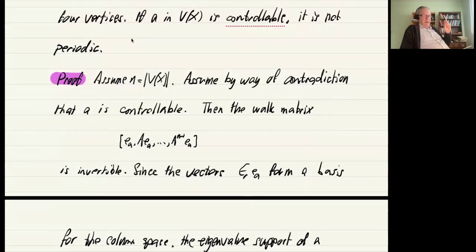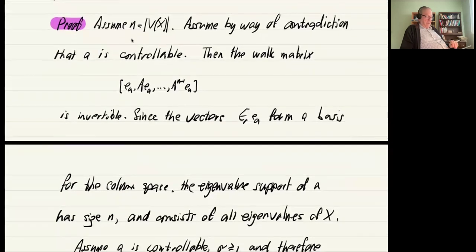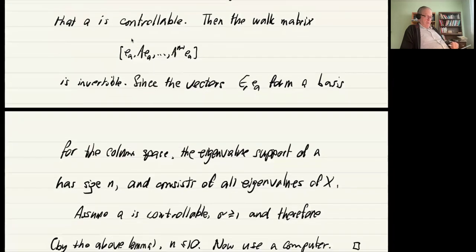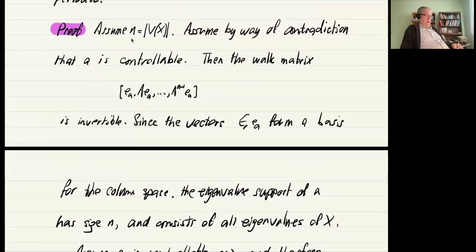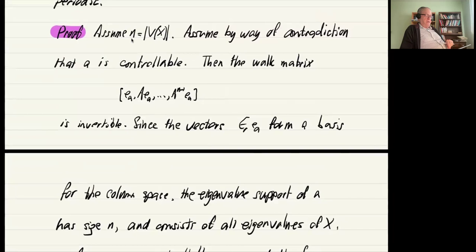So we're going to have n distinct eigenvalues, theta 1 through theta r, and for each eigenvalue, E_r e_a is not 0. So the eigenvalue support of the vertex a is the spectrum of the graph, and the eigenvalues of the graph are all simple. So if we have a controllable vertex, then the eigenvalue support of that vertex is equal to the spectrum of the graph, and the eigenvalues of the graph are all simple.